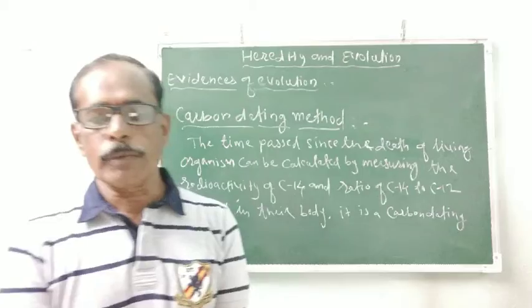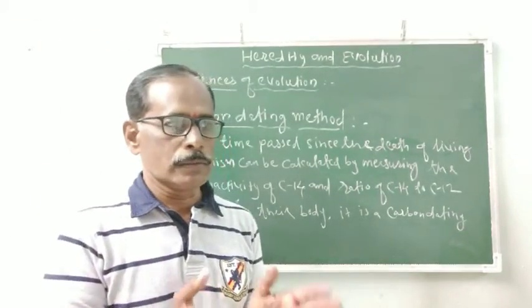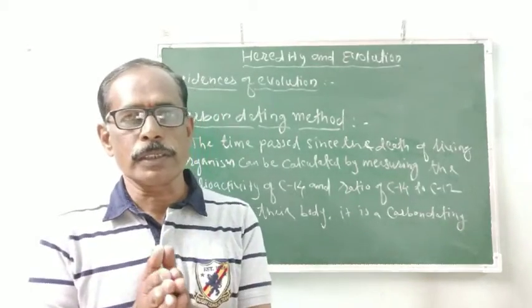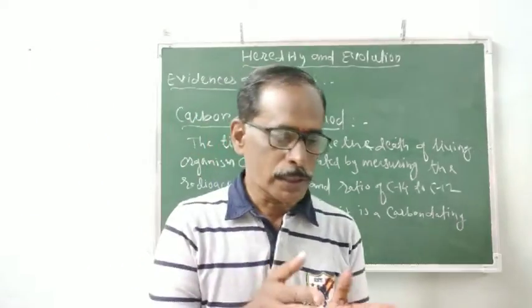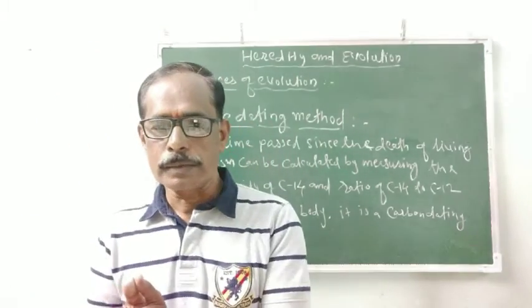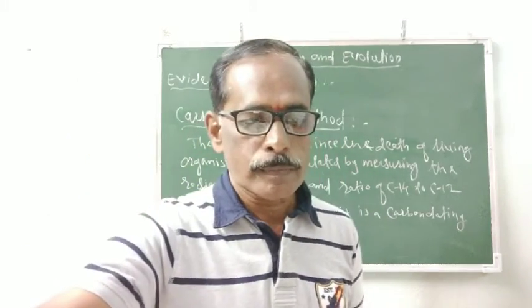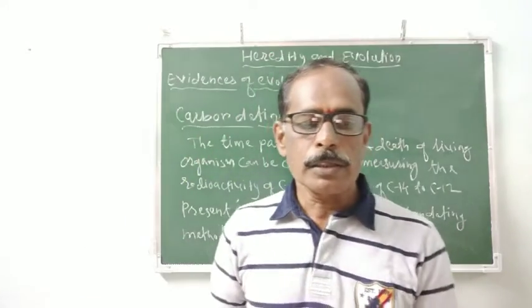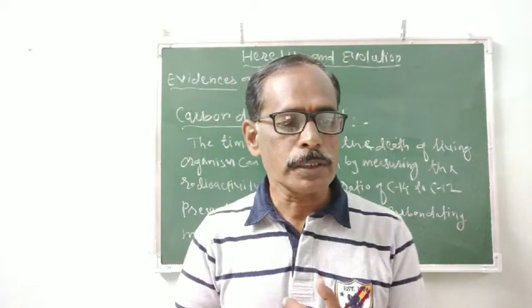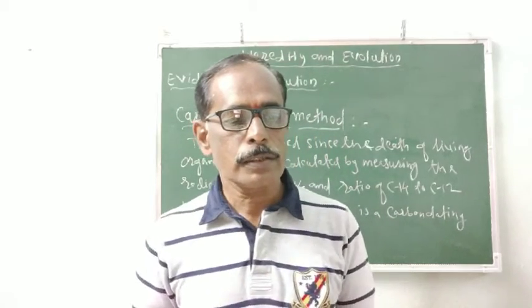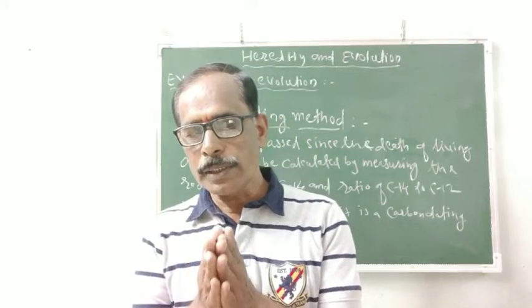With the help of that method, we will get information about that fossil, in which time that fossil or that animal was existing on the earth. This carbon dating method is very useful in paleontology and anthropology. It is used for determining the age of human fossils and manuscripts. So this type of method is very important.